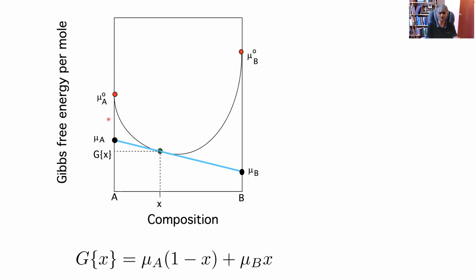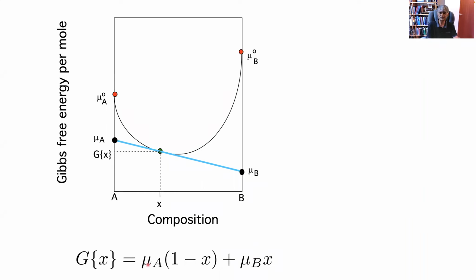Of course, if I alter the composition, then the position of that tangent will also change, and therefore the chemical potential will alter. So it's a function of chemical composition, but it really identifies the contribution of B atoms and A atoms to the total free energy of a solution.